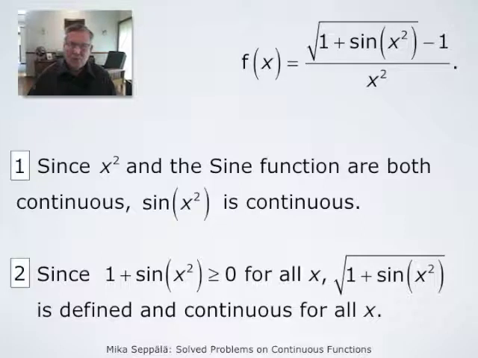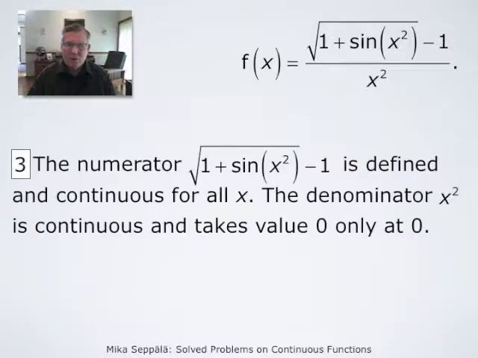This means that we can always take square root of it, and this means that square root of 1 plus sine of x squared is defined and continuous for all values of x. So the numerator, square root of 1 plus sine of x squared minus 1, is defined and continuous for all x.